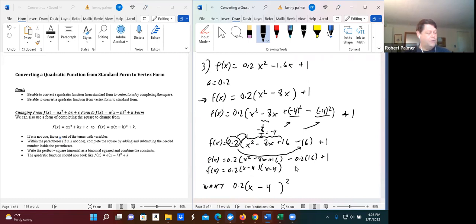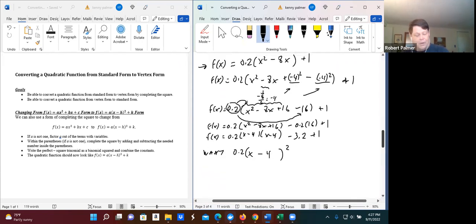And here, 0.2 times 16, let's find out what that is. It's actually 3.2. Sorry, minus 3.2 rather. And plus 1. So now we can write this. x minus 4 times x minus 4 is x minus 4 squared.